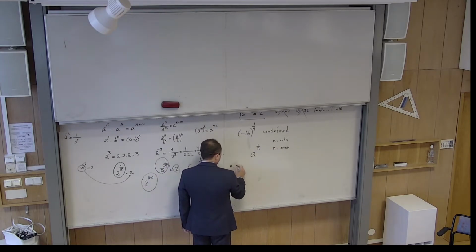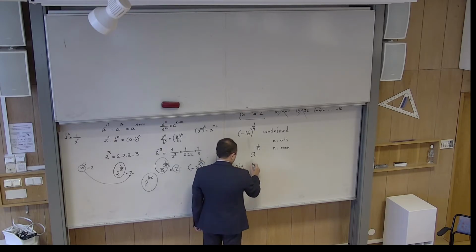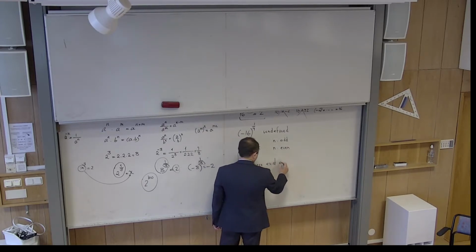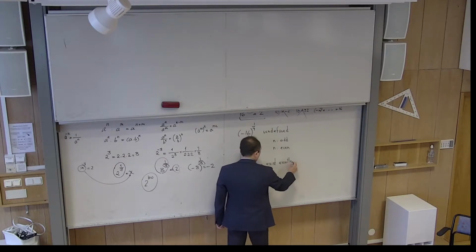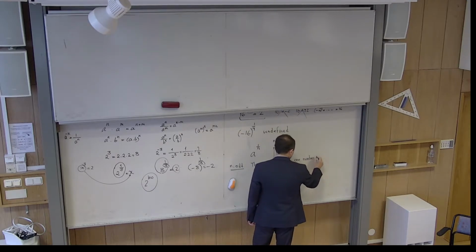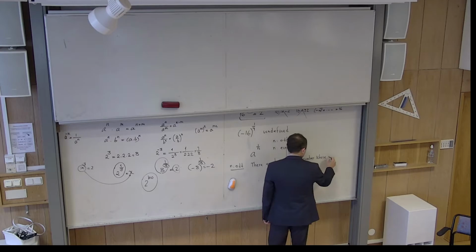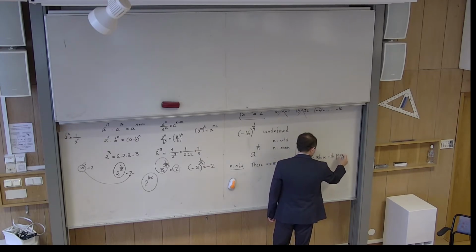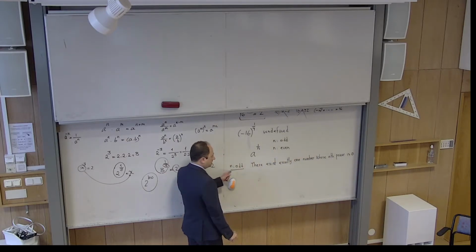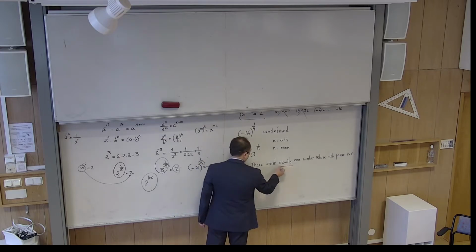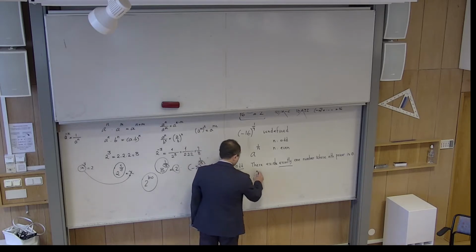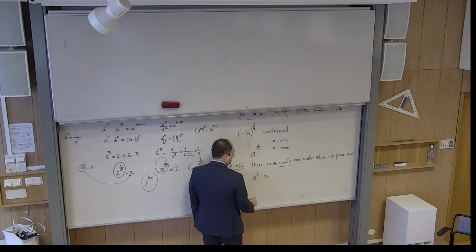If n is odd, there exists exactly one number whose nth power is a. a to the power 1 over n refers to that unique number.